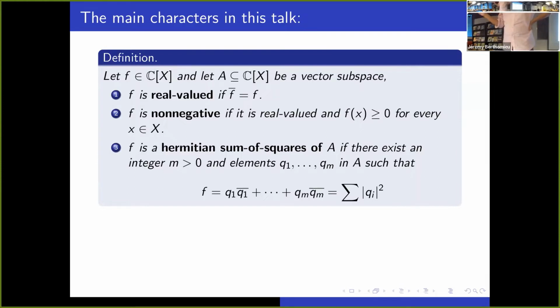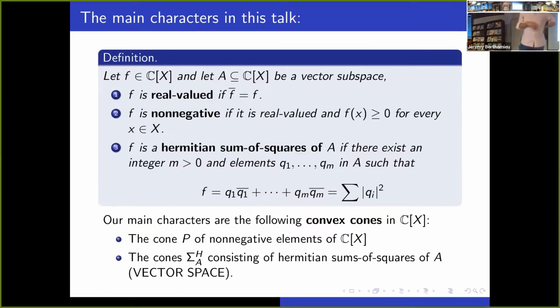And we say that f is a Hermitian sum of squares of A if there exists an integer m and elements q1 to qm of A such that f can be written as q1 times the conjugate of q1 plus ... plus qm times the conjugate of qm, and that is equal to the sum of the norms of qi squared.